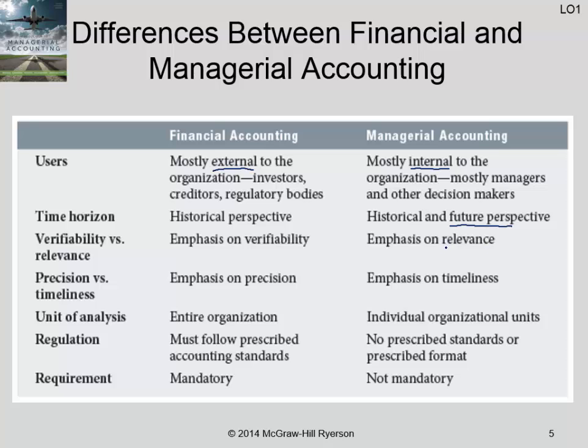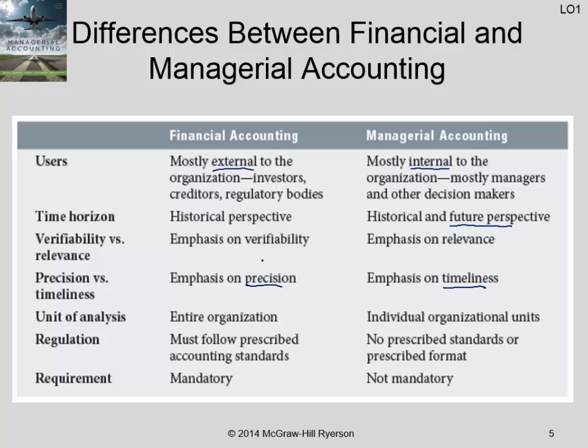It's predictions, information that is going to be mostly right, but not 100% right, because you need it now to make that decision. Financial accounting puts the emphasis on precision. Management accounting is no good if it's 100% accurate and 3 weeks out of date, which is what financial accounting really is all about.